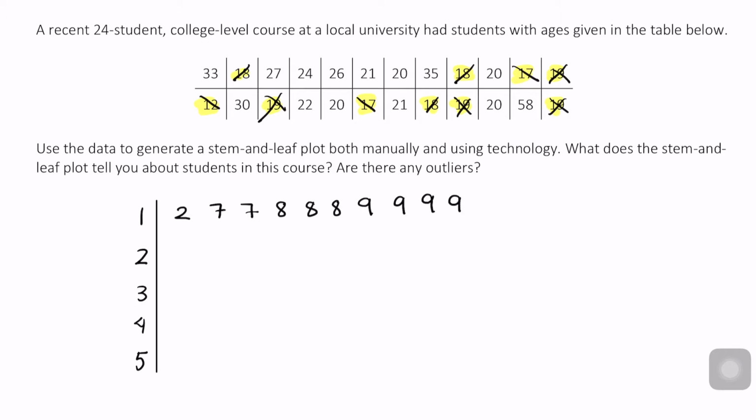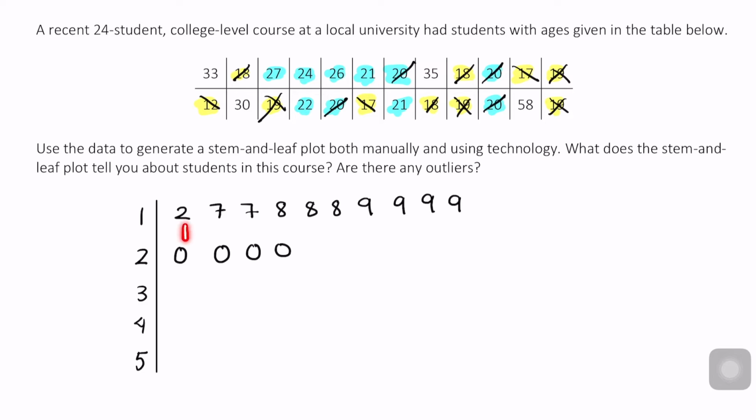Now we can move on to the 20s. So I'm going to grab a different color highlighter, blue, and highlight any value that has a 2 in the tens place. And now I can easily see that the smallest value I have is 20, and I have four of those. So I'm going to go ahead and write a 0 here, 0, 0, 0.